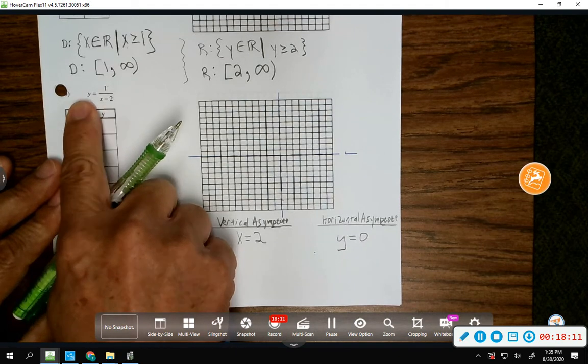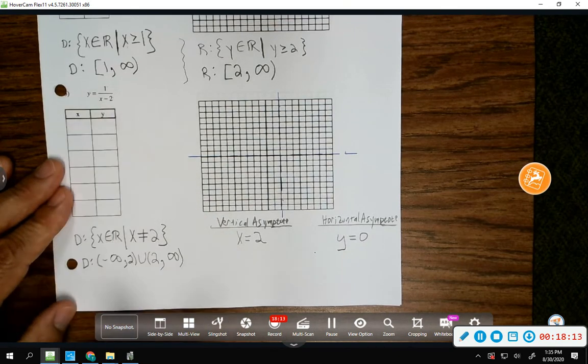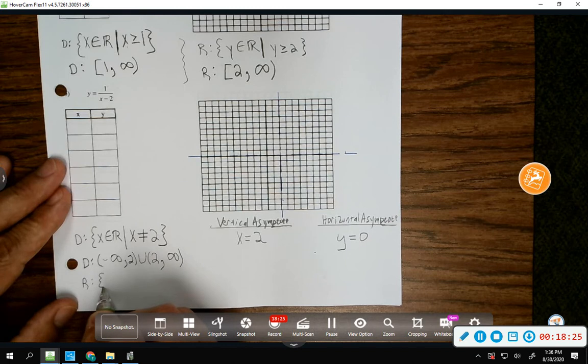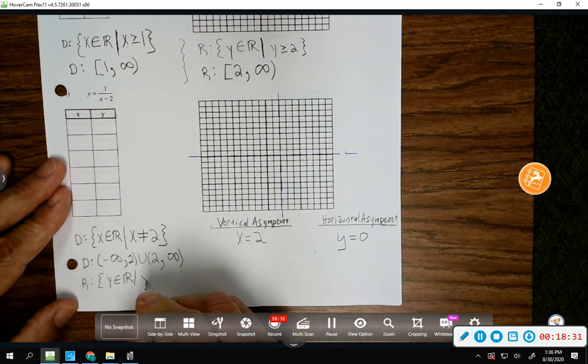If I multiply that up, it doesn't work. I get 0 equals 1. There is no x-intercept. Therefore, we know that y cannot equal 0. The range: we'll see it better once we see the graph. The range: y is an element of all real numbers such that y cannot be 0.